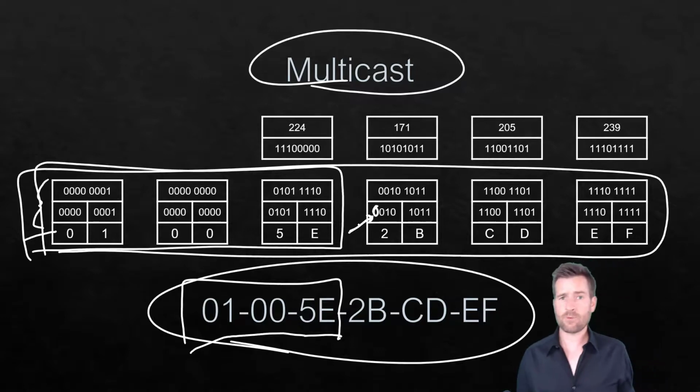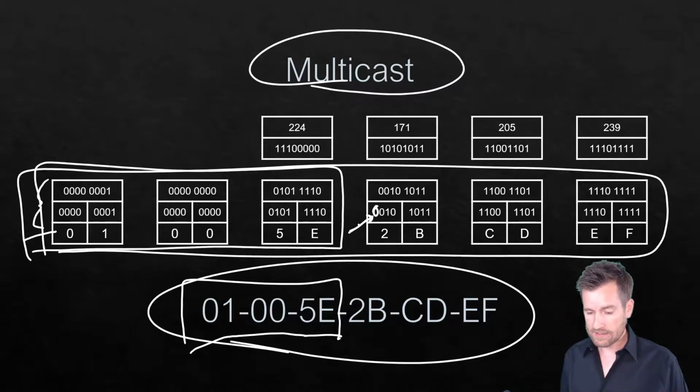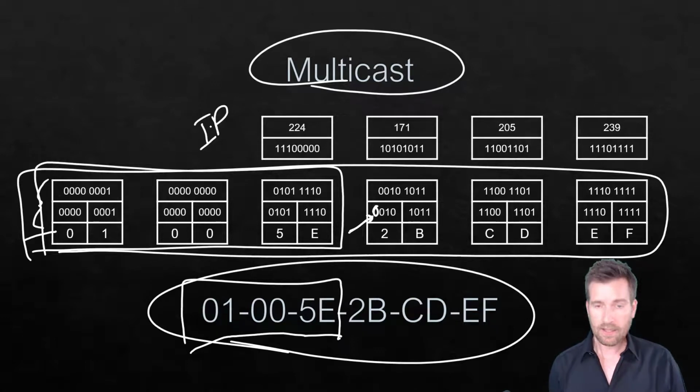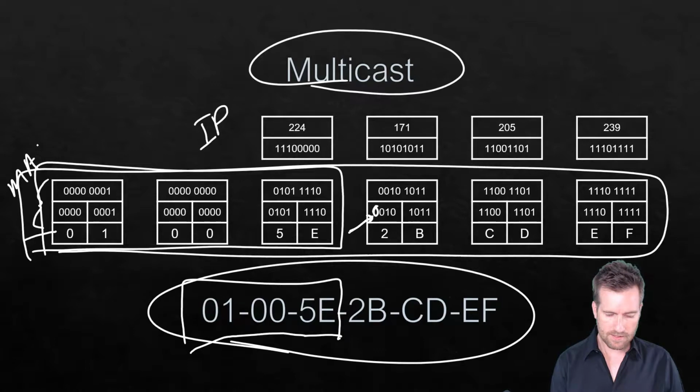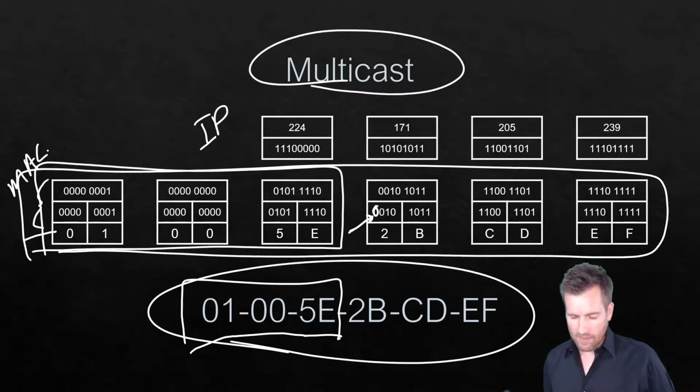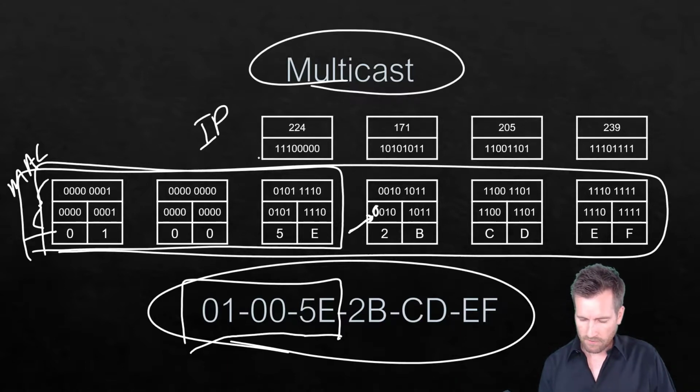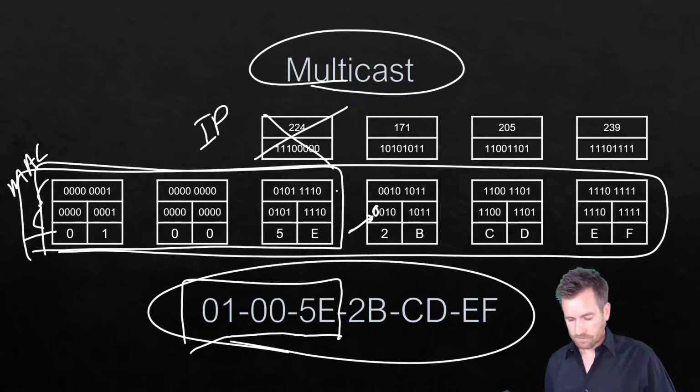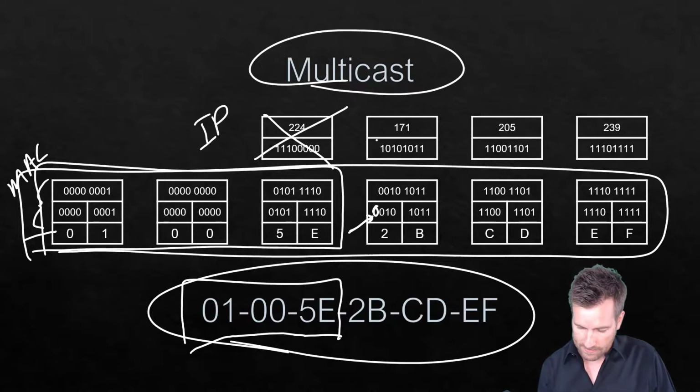The other reason why I want to point this out is because there is an association between the IP address of a multicast address and the MAC address of a multicast address. The IP address has some bits that are similar to it. The first bits are not. The second set of bits, the first one is not, because I have already said that's always a 0.